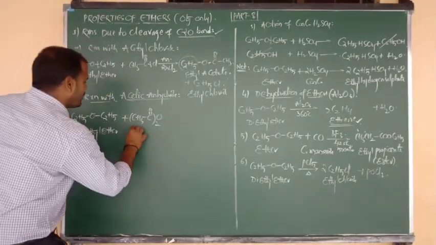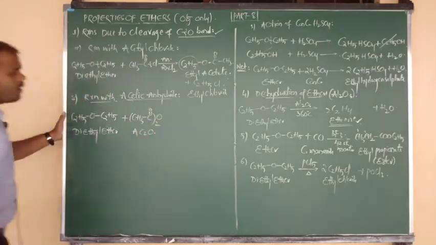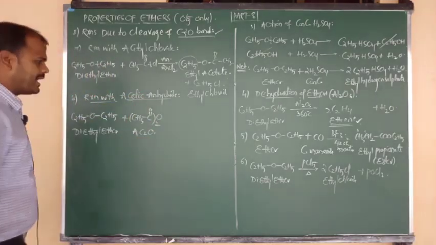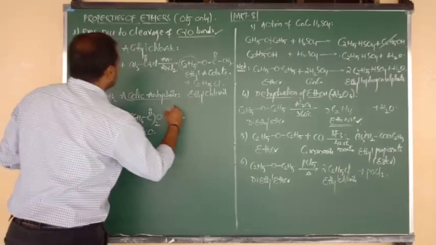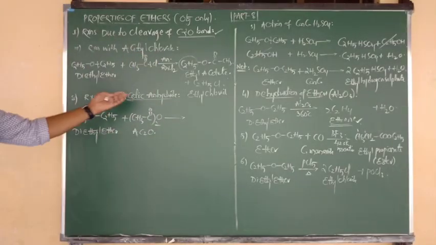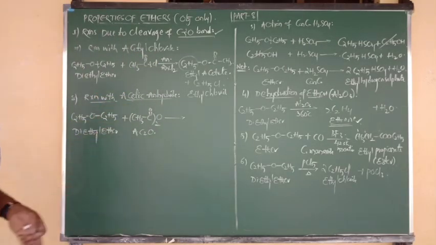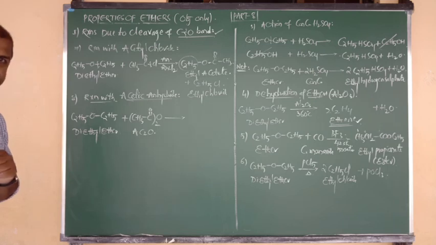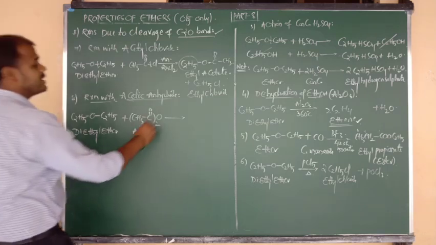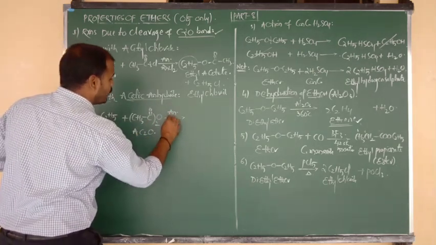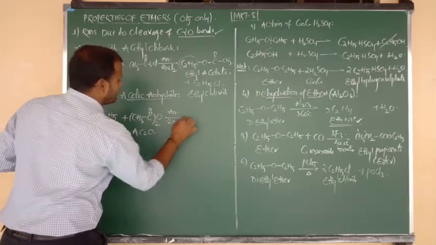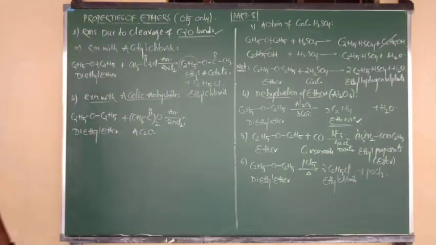So this is the formula of Ac2O, acetic anhydride. Again same thing, reaction with acetyl chloride or reaction with acetic anhydride, both are acylation reactions. And here it is going to take place in presence of anhydrous zinc chloride.